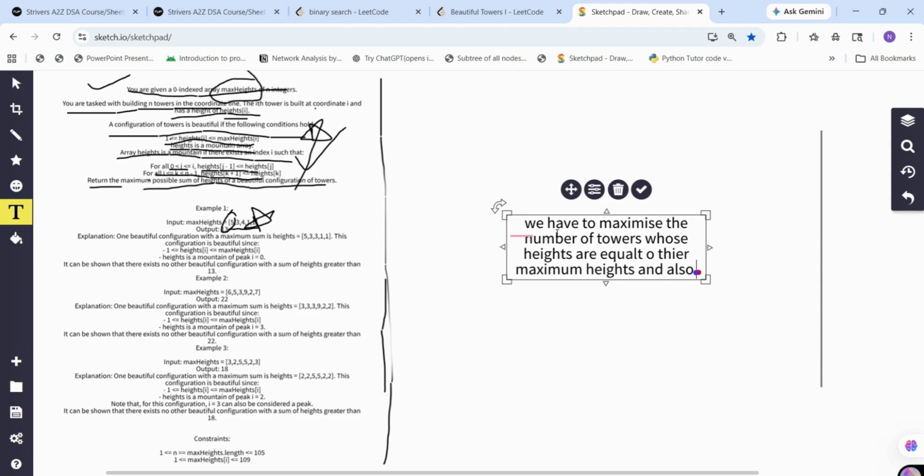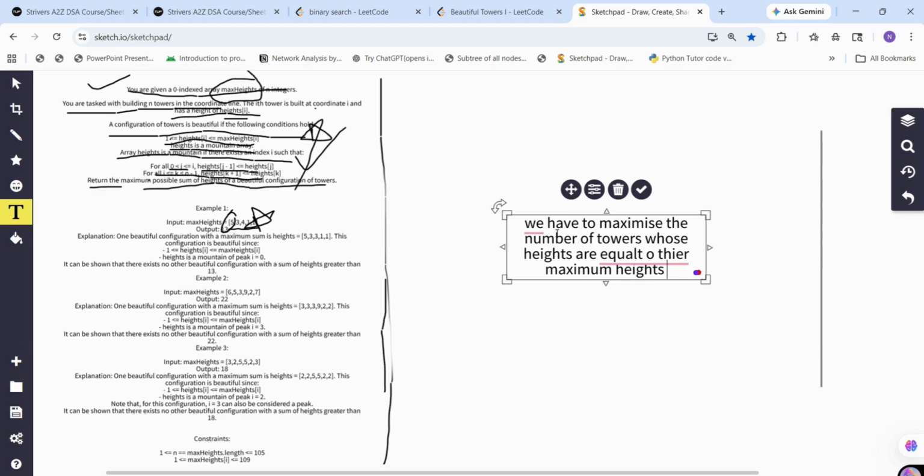And if we are trying to maximize that, let's suppose the maximum you can do is two, that you have two towers only whose heights can achieve their maximum height, so that the height array becomes beautiful. But there are different possibilities, which two? I will take those two that give the maximum height sum possible. That would be the better option.